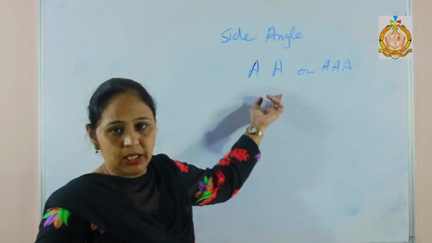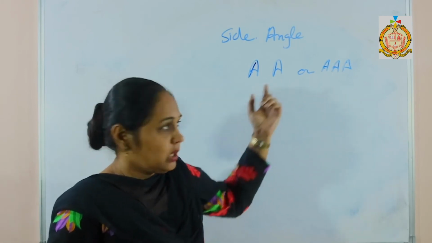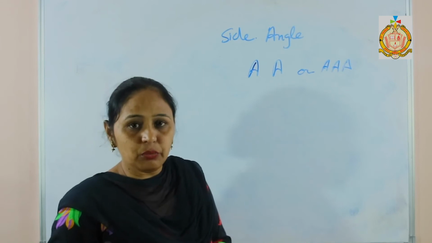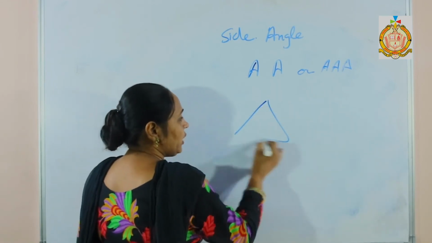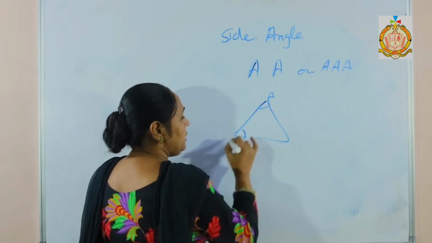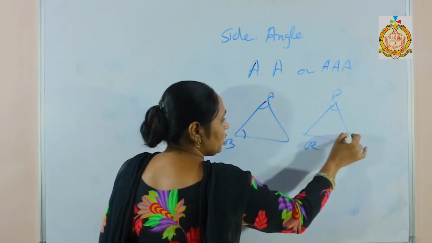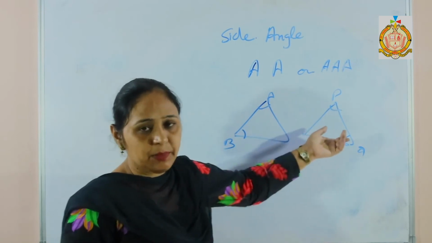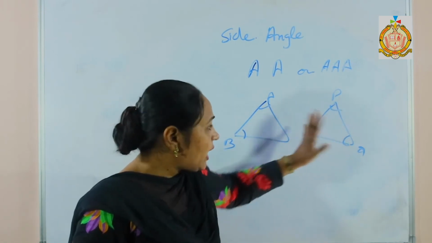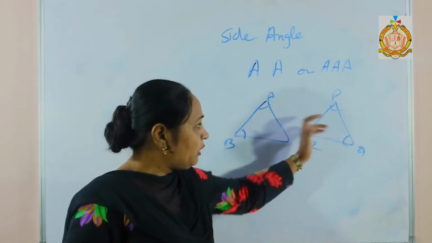Now, double A means two angles should be equal. Triple A means three angles will be equal. What is the meaning of it? Take one triangle with two angles A and B, and another triangle PQR where P and Q are equal. Two angles I proved equal, then the third is automatically equal. How? Because the sum will be 180.